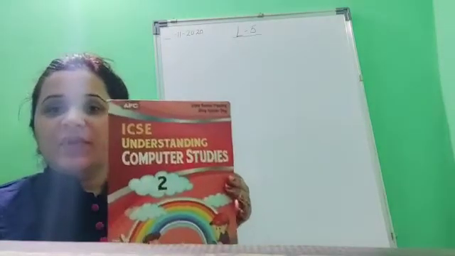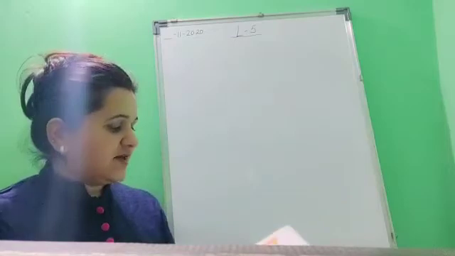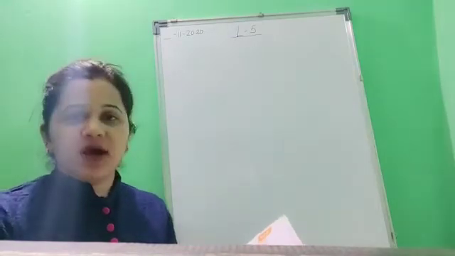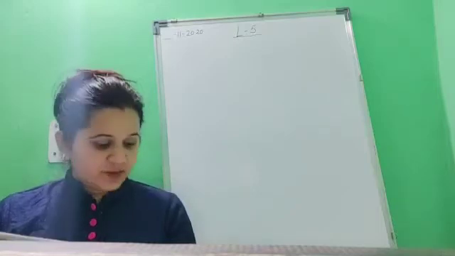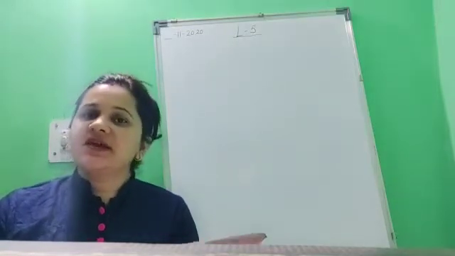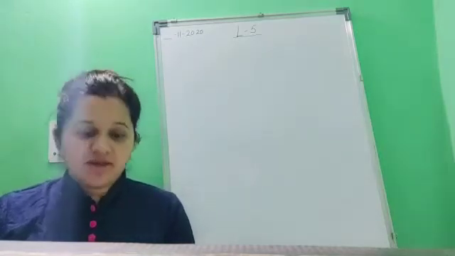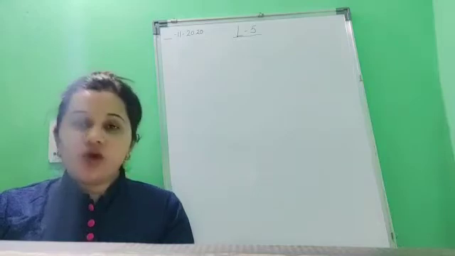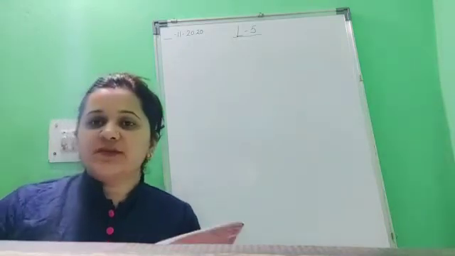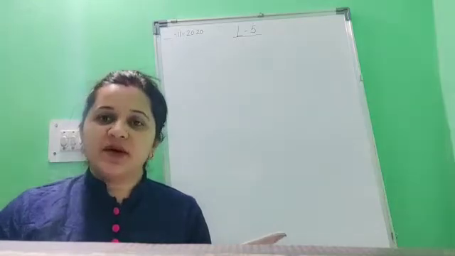Okay, children, this is your book ICSE Understanding Computer Studies, and we have started our chapter number 5, that is mouse and input device. In it we have studied the introduction of a mouse, that it is an input device. It looks like a real mouse, and it is always connected to the CPU with the help of a USB port, that is Universal Serial Bus port.